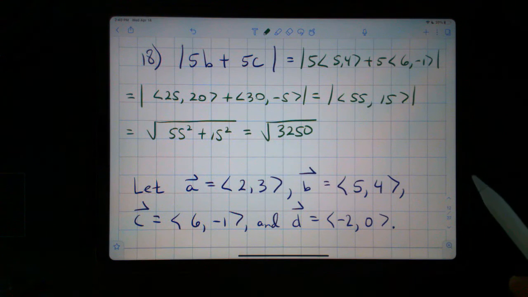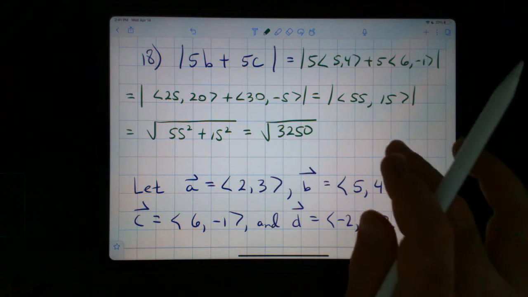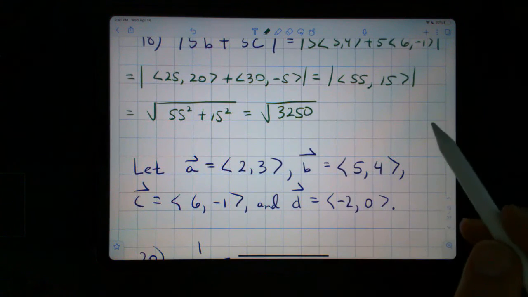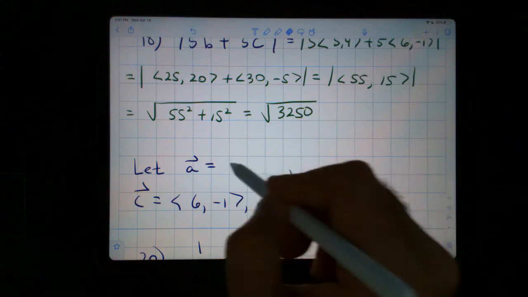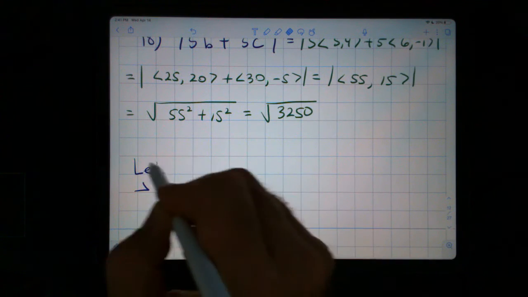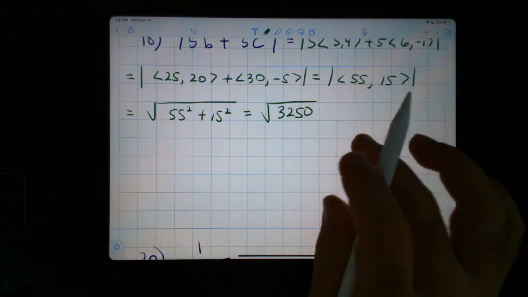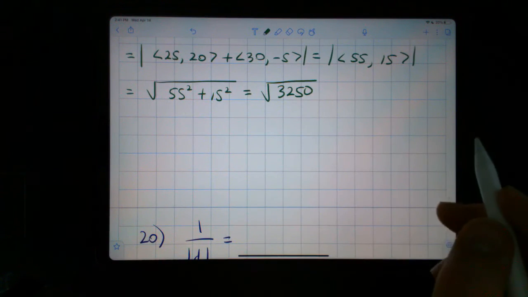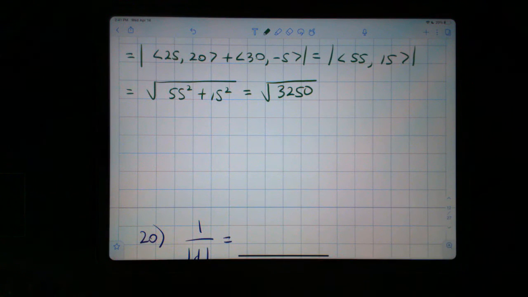Now let's see how far it can be simplified.